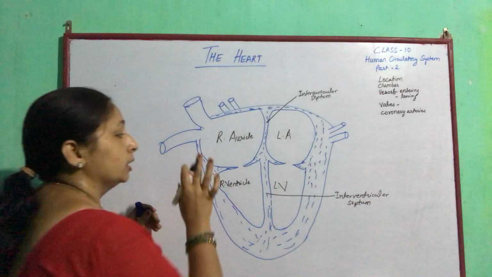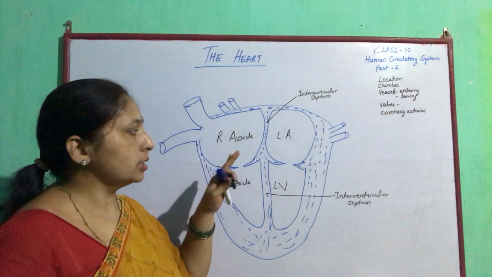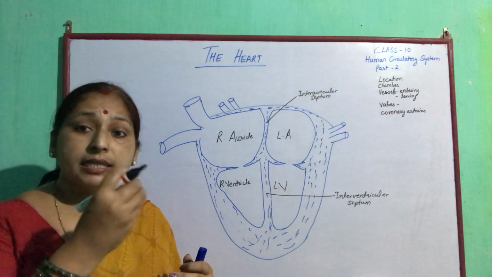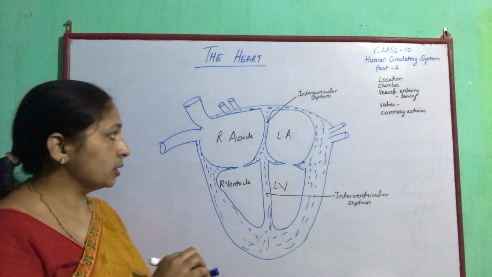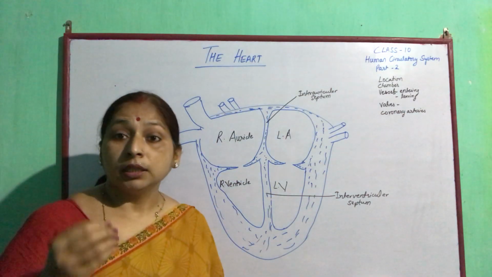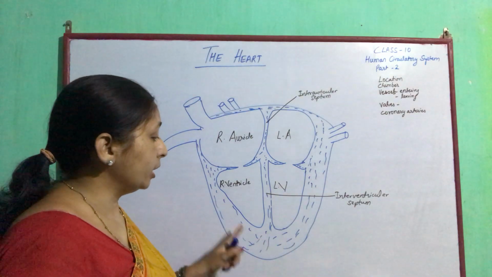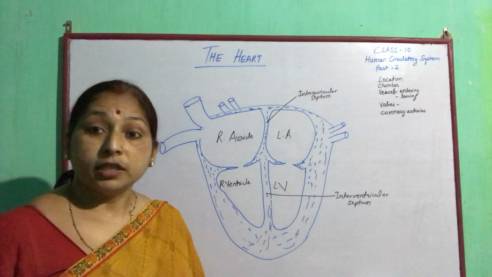Now as you can see in the diagram, the muscles in the auricular region are thin-walled, thin muscles. Here there are thick muscles in the ventricle. What is the reason behind this?